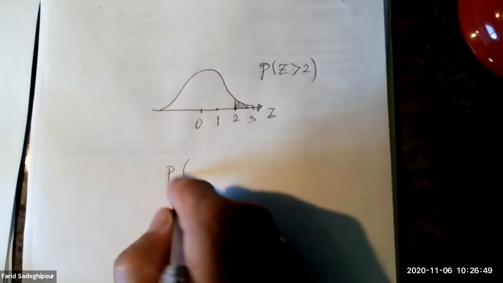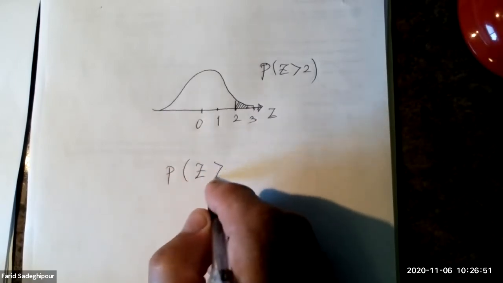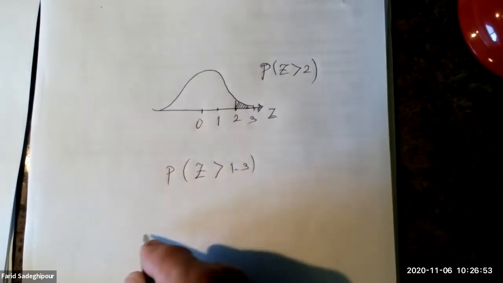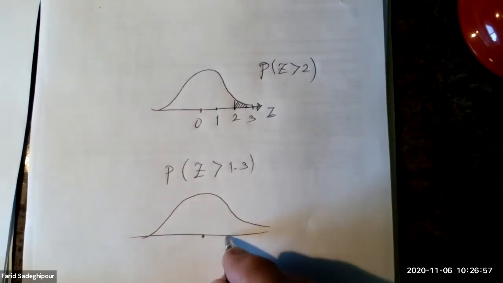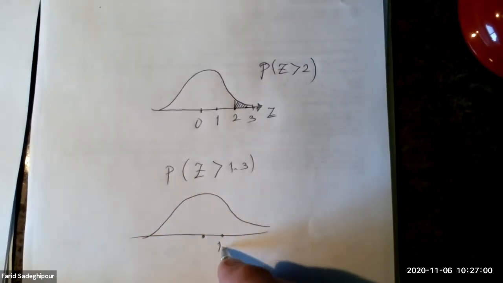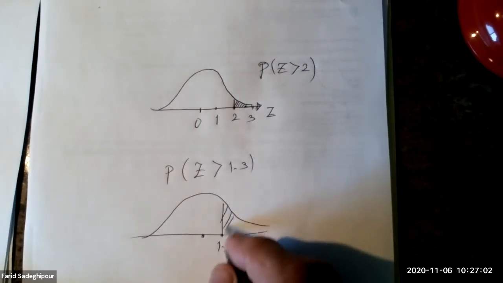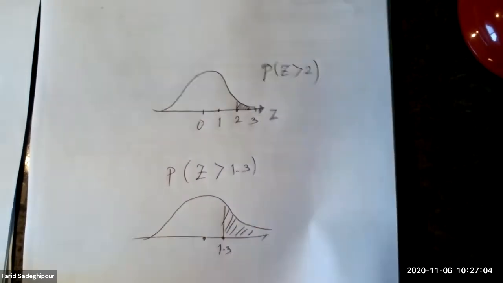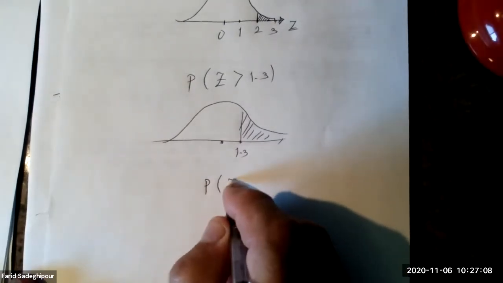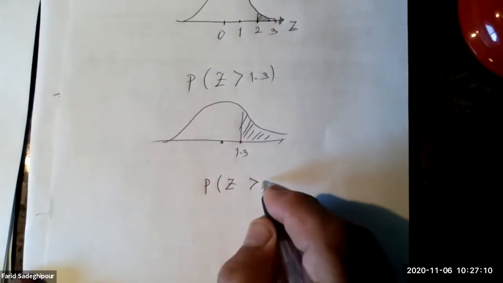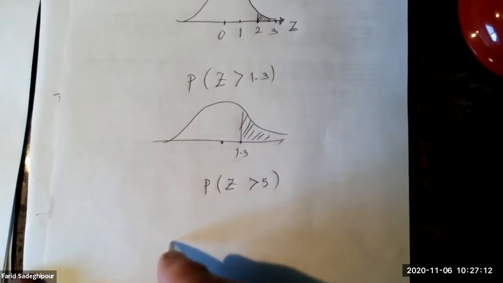What is the probability of Z greater than 1.3? It is this one. What's the probability of Z greater than 5?